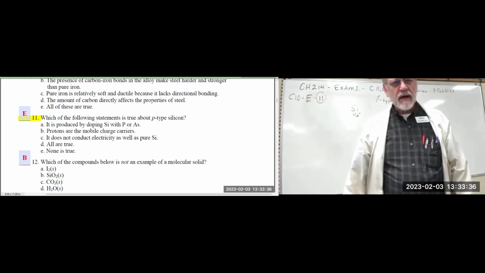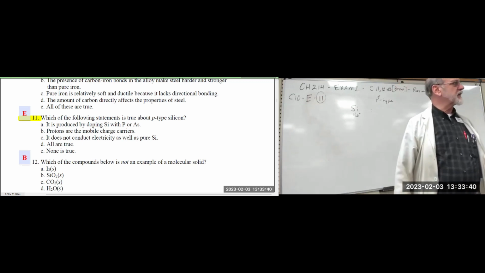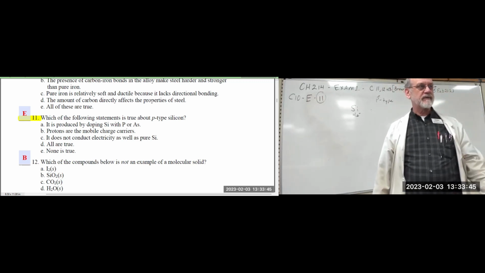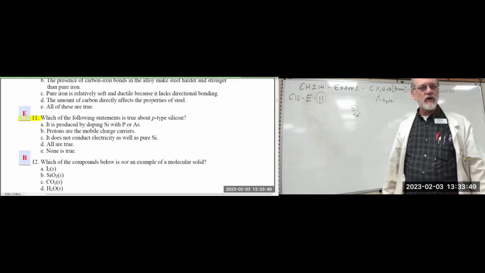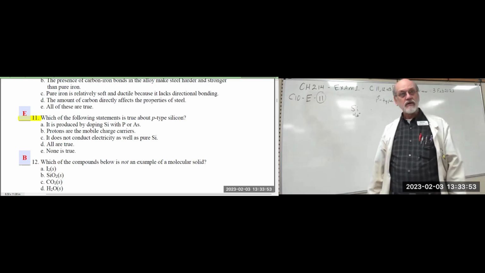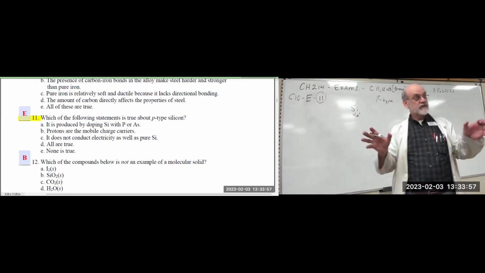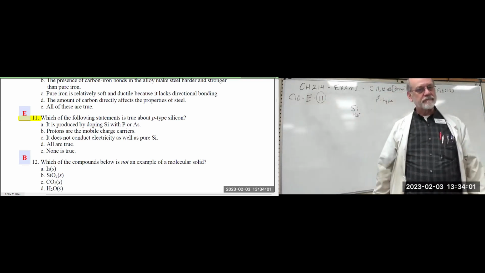So it is produced by doping silicon with phosphorus and arsenic. No, it's the wrong way. That gives you an N-type, an extra valence electron. Protons are the mobile charge carriers. Can't be, right? You got to keep the protons in the atom or you change the element. Right? The protons are stuck.